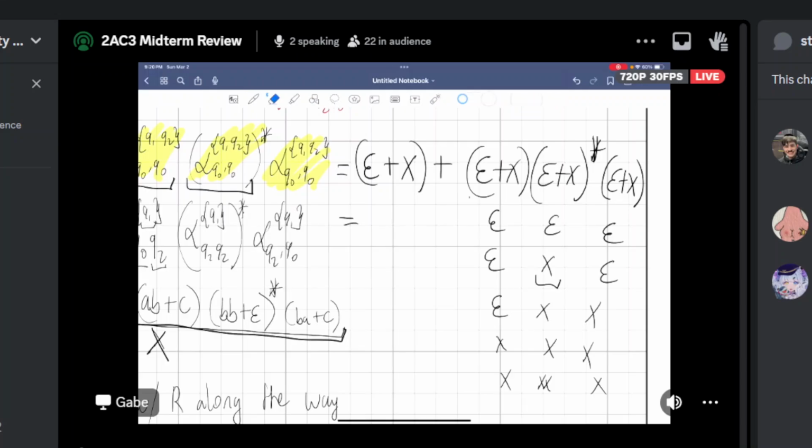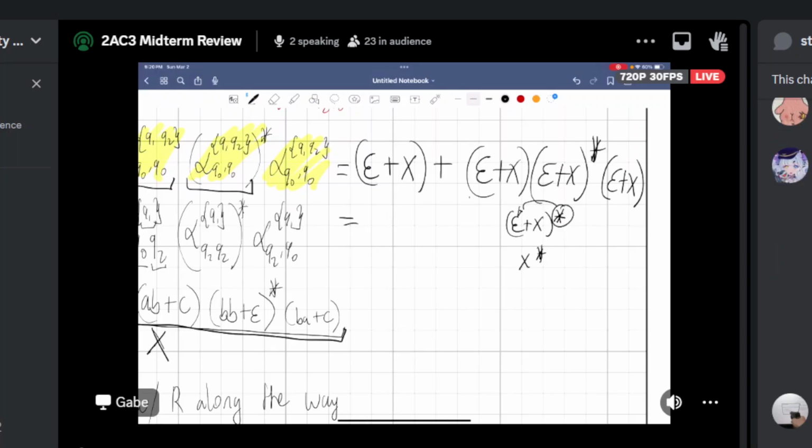This is just epsilon plus X starred, which is just X starred, because the star by definition includes epsilon.